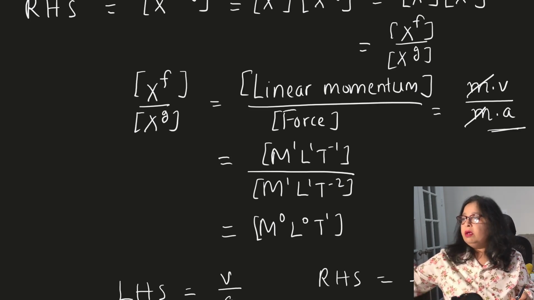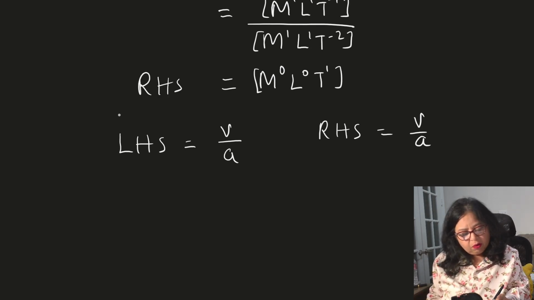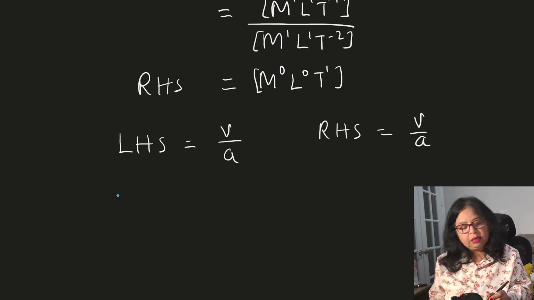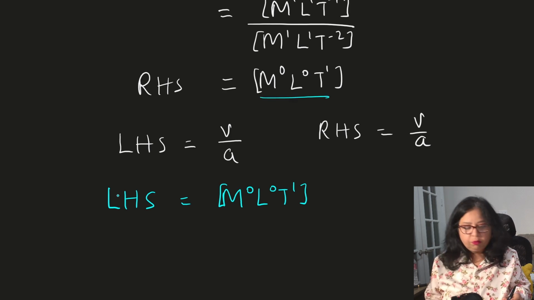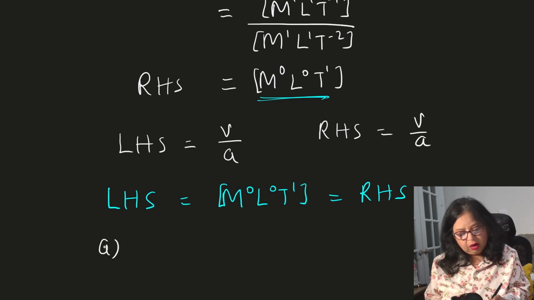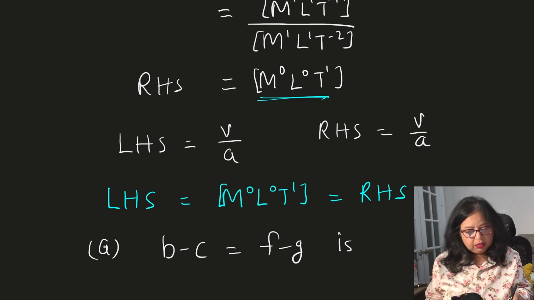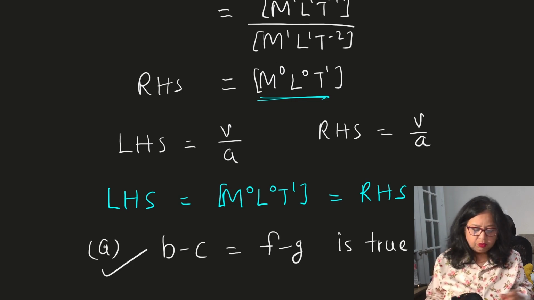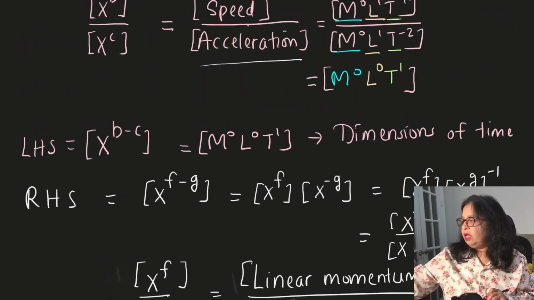So if we want to stick with dimensional analysis, the left hand side equals m0 L0 t1 and the right hand side equals m0 L0 t1 as well. So you see that option A, which was b minus c equals f minus g, is true. Option A is correct. Do you see how I did it?